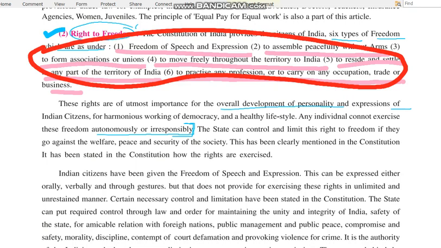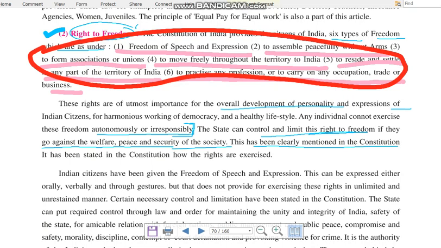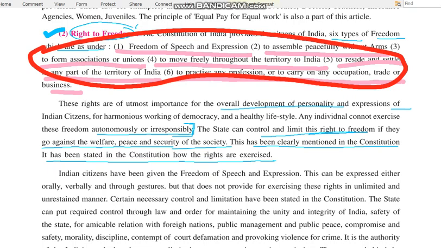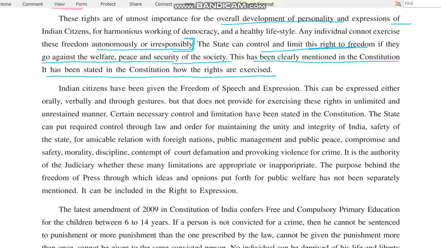The state can control and limit this freedom. The state has the right to limit this freedom if it goes against the welfare, peace and security of the society. This has been clearly mentioned in the constitution. It has been stated in the constitution how these rights are exercised. There are also ways in which the rights can be exercised.